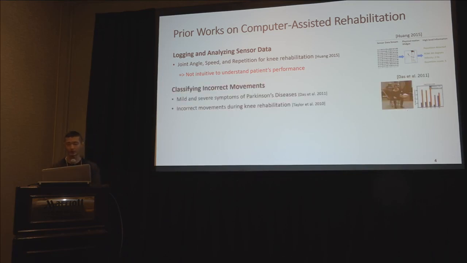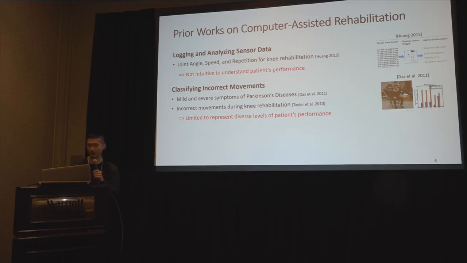Another approach is to classify the occurrence of incorrect motion with sensor data and machine learning. The problem is that this simple binary detection cannot provide the diverse levels of the patient's performance.